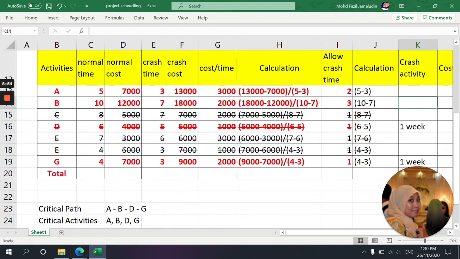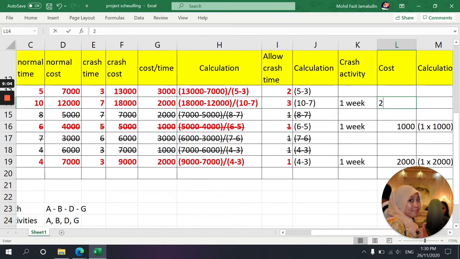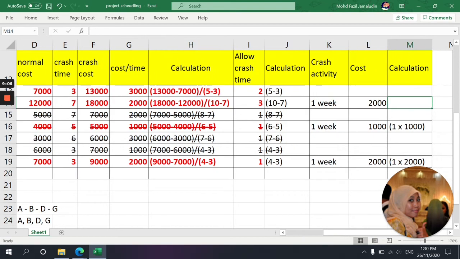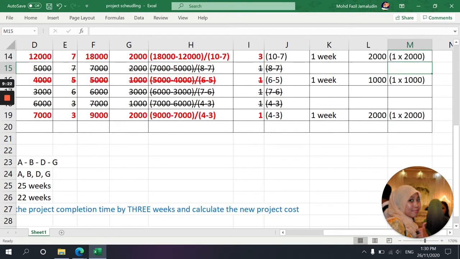So no need to crash all 3, just crash 1 week, with the cost of 2,000, and the calculation is 1 week times 2,000. So here we have crashed 3 weeks as requested by the question.